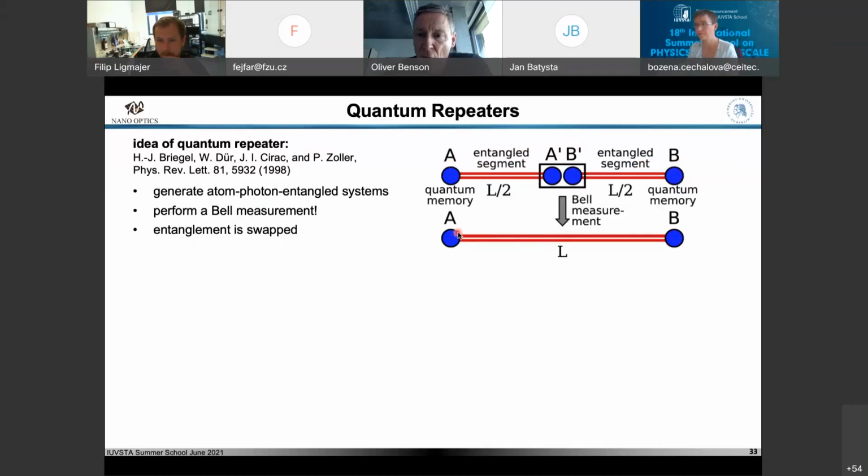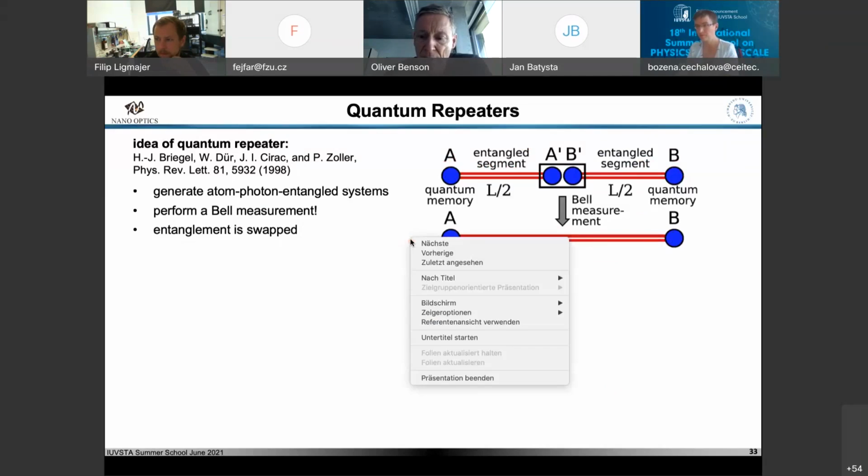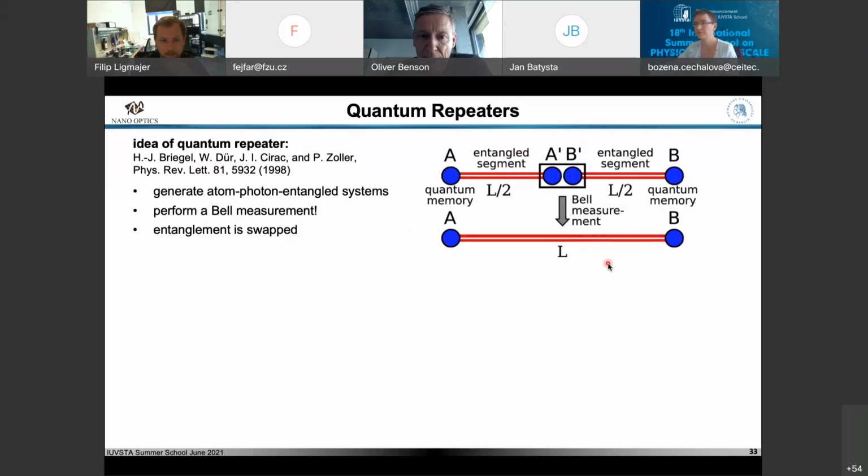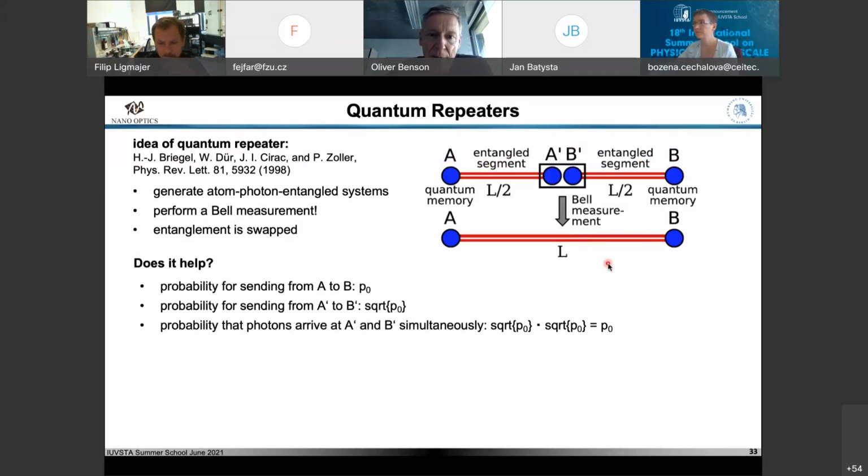If you would just send a photon over a longer distance, your loss would be P naught, the probability that your photon arrives here. And this could be very small if you exceed a distance of maybe 100 kilometers.